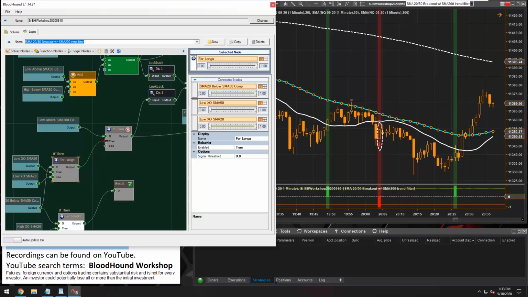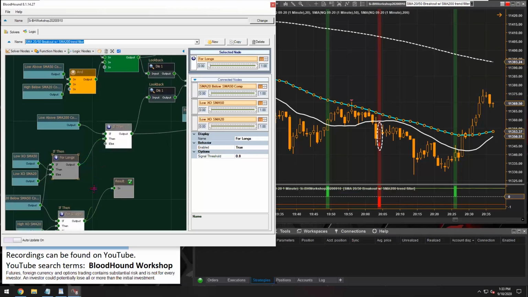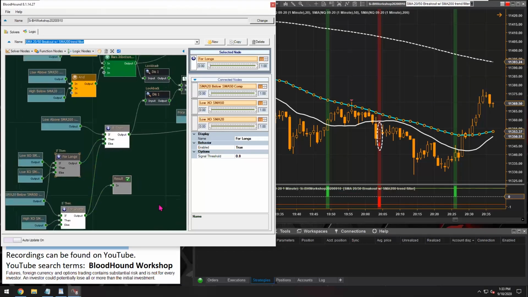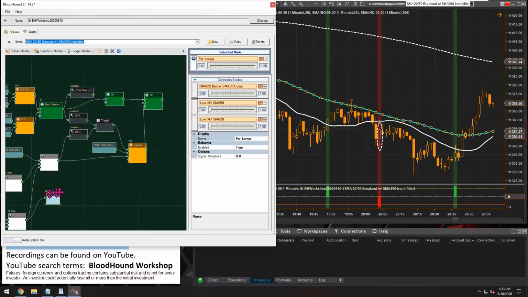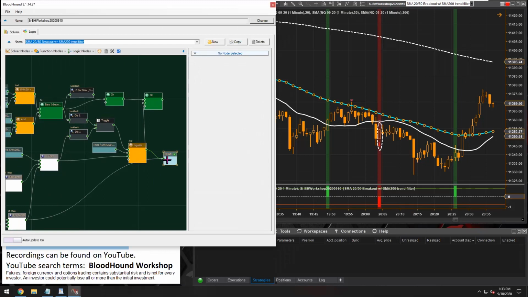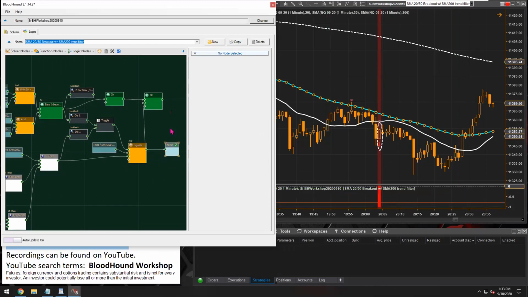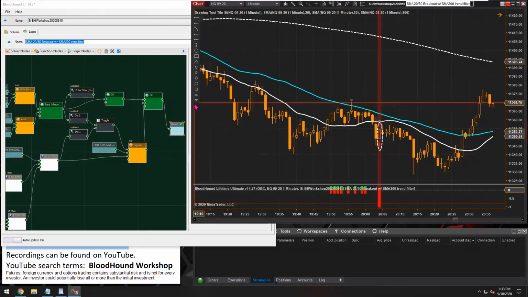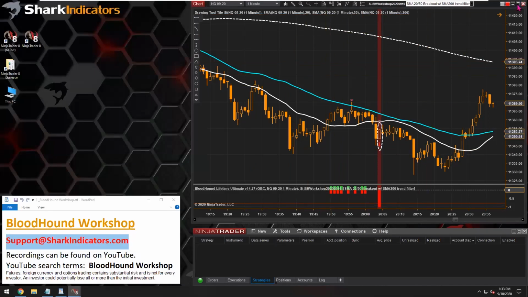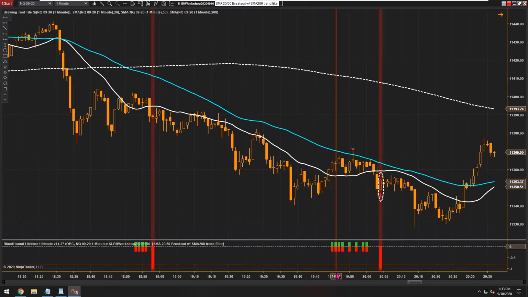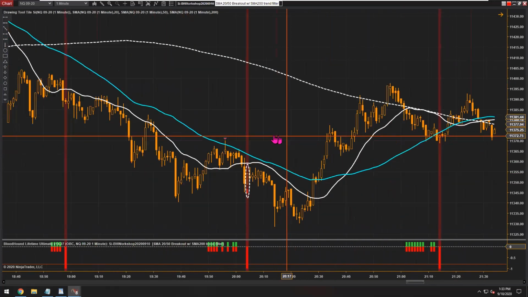So let's connect that in. Connect that in. And we'll just check the signals actually. So I think this will work. So I'm just gonna check the final output here and see what we have.